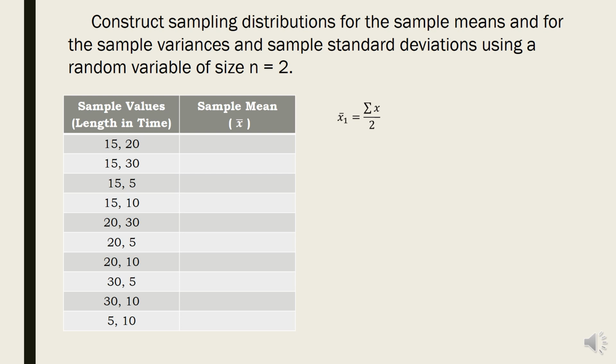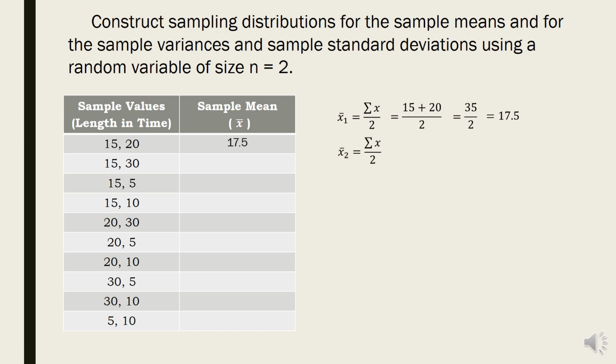In the first sample values, with the given data 15 and 20, to find the sample mean we get the summation 15 plus 20, since there are only 2 data per sample. So 15 plus 20 divided by 2 is 35 over 2, or 17.5. So the sample mean of the first set of sample values is 17.5.